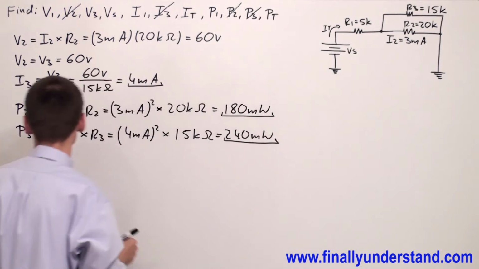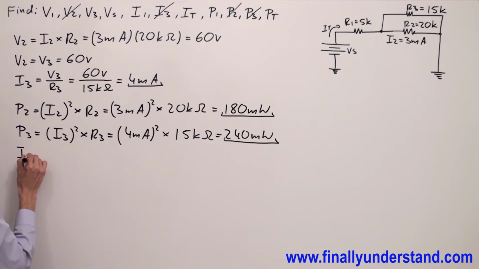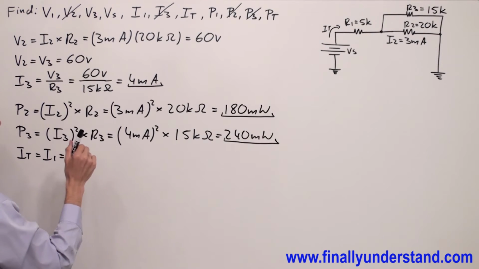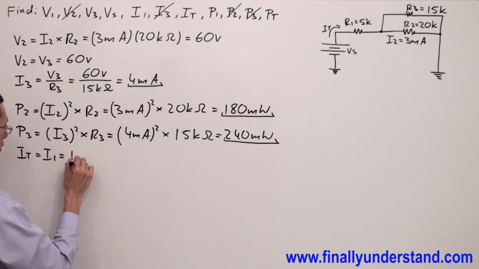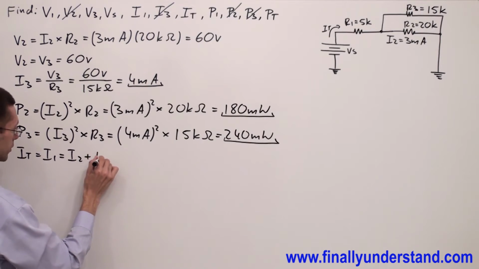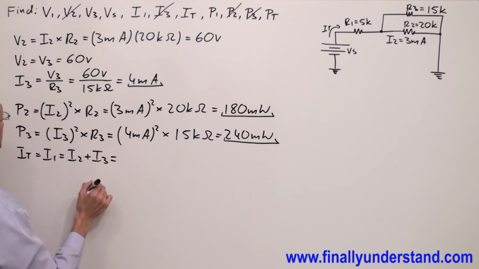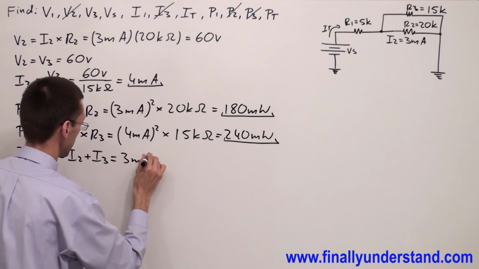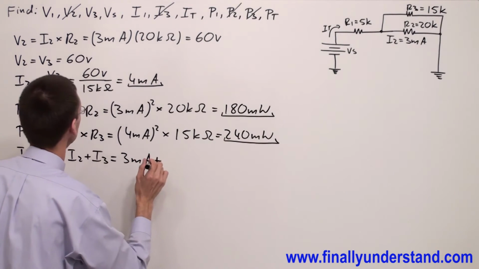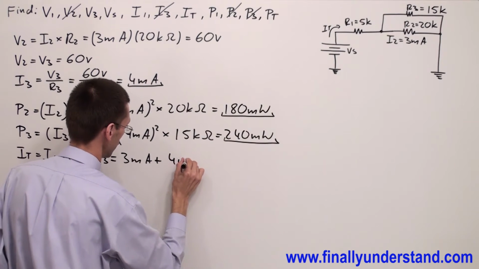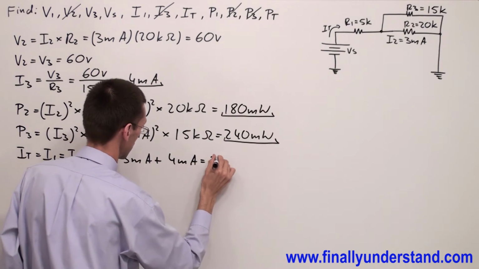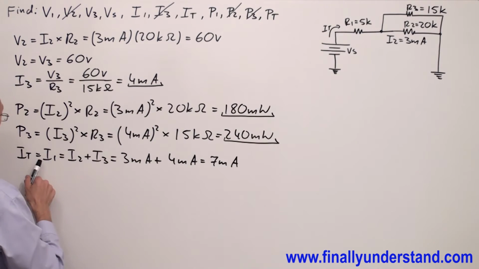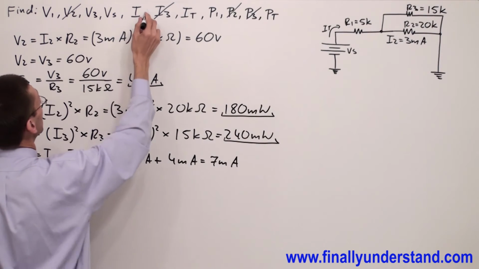So I can say that I total is equal to I1, and this is nothing else but the sum of the currents I2 plus I3, where I2 is given 3 milliamps plus I3 4 milliamps. This is equal to 7 milliamps. Okay, so we found I total and I1.